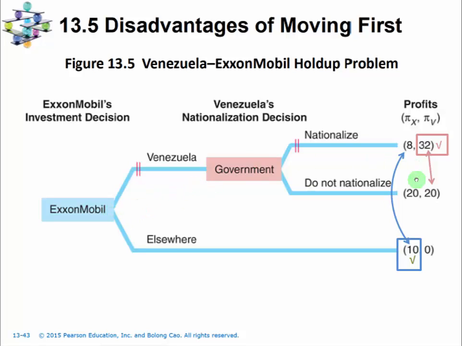If ExxonMobil realizes that will be the eventual result, ExxonMobil will just invest elsewhere at the beginning to get this 10 instead of getting this 8.